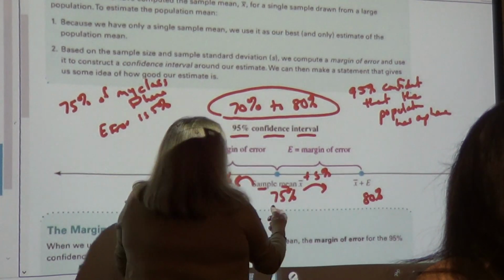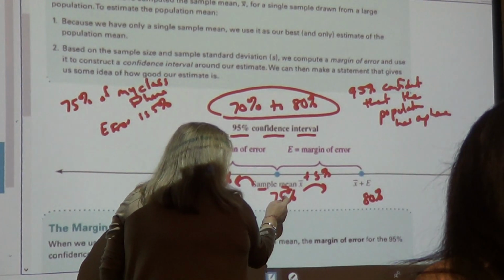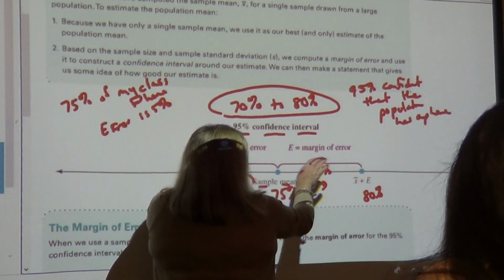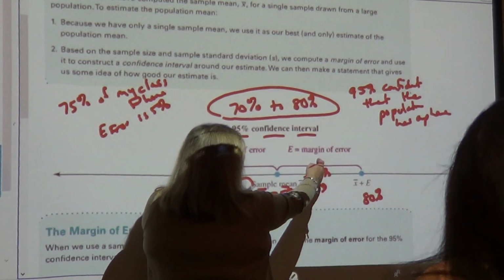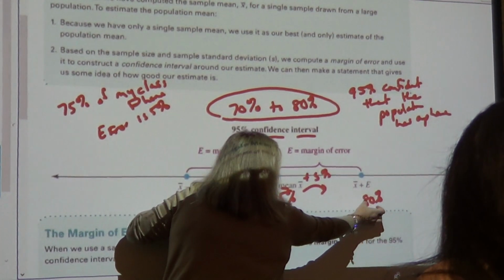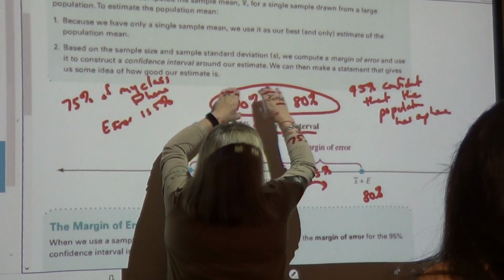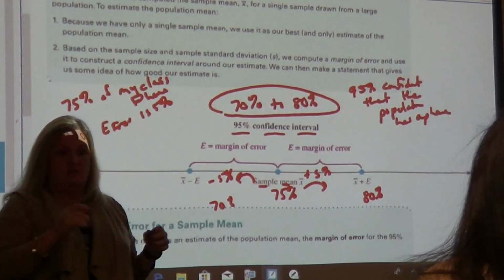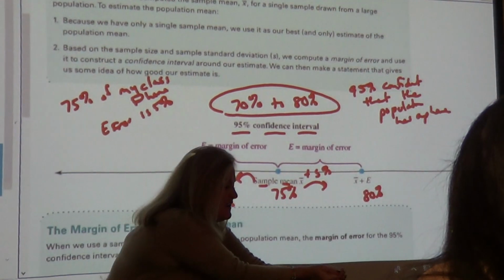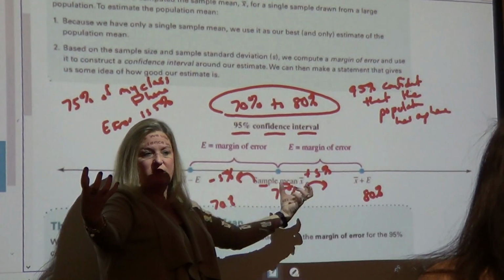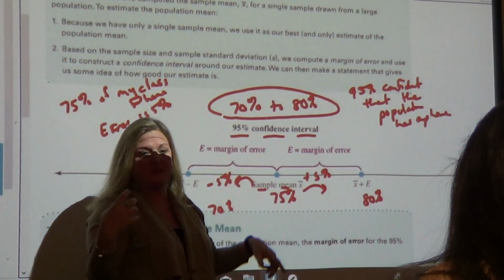So I'm taking y'all's average and wiggling in either direction, that's called my margin of error, and I'm coming up with these two numbers, and that is called my confidence interval. I'm taking y'all's data, wiggling, and that's giving my confidence interval for the population.